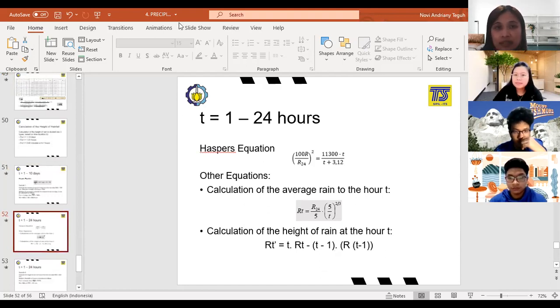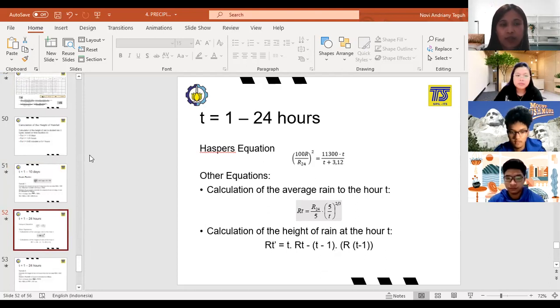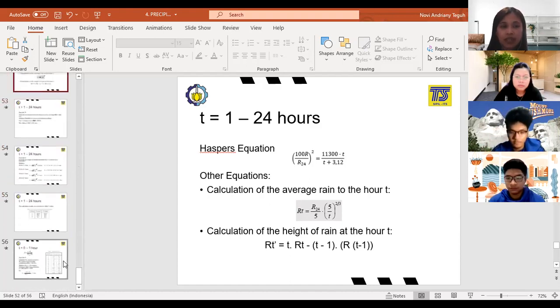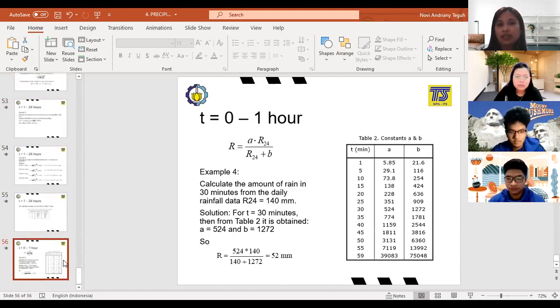Other question? Tadi kayaknya ada yang raise hand ya. Pencet. Okay. I will upload it right after the class. I haven't uploaded this presentation from our previous class because it's still connected to this one. And now we have finished this precipitation module.